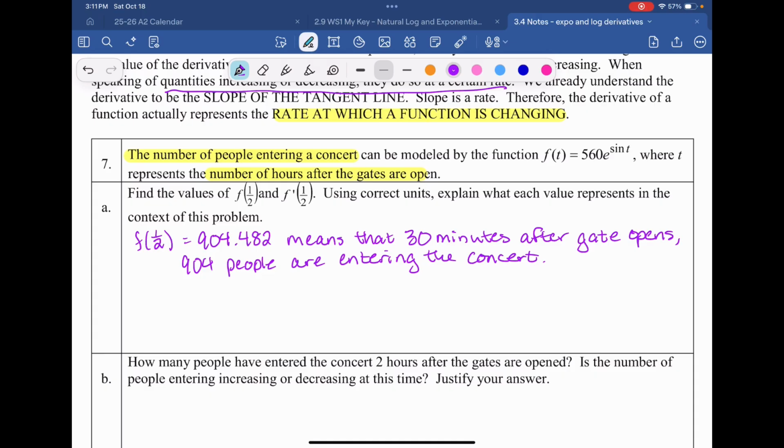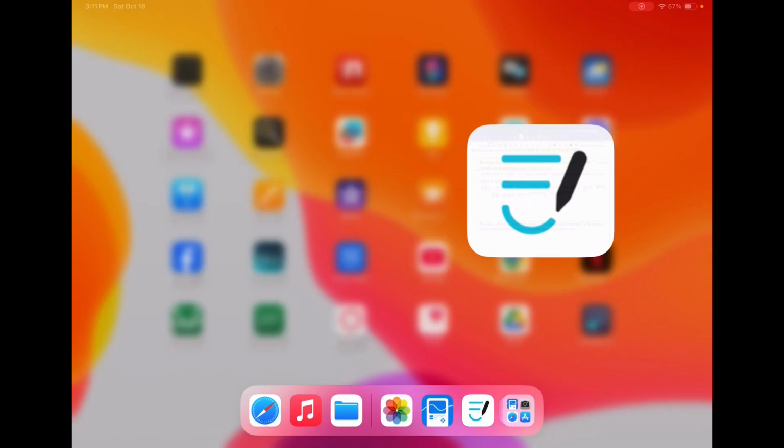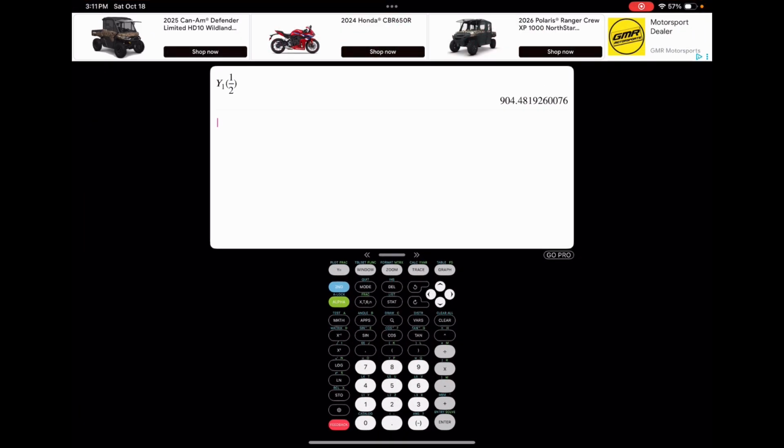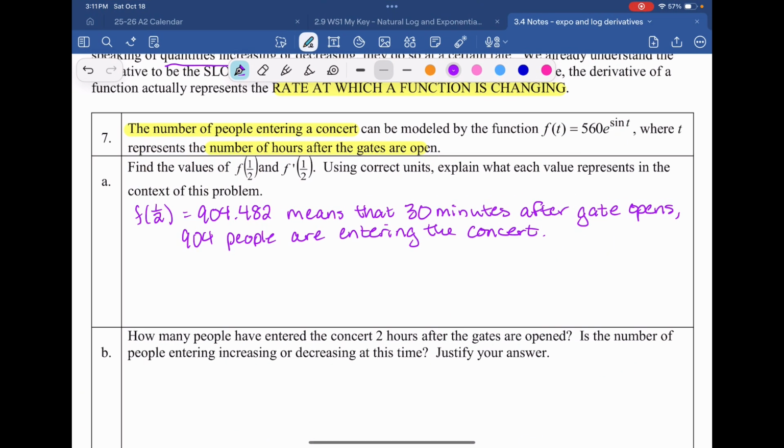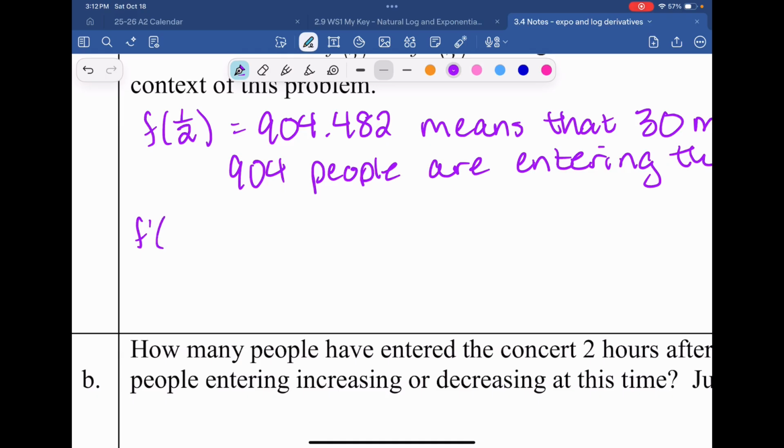Now we need to find the derivative at that value. So math 8, alpha trace y1, 1/2. So 793.757. That's a rate.